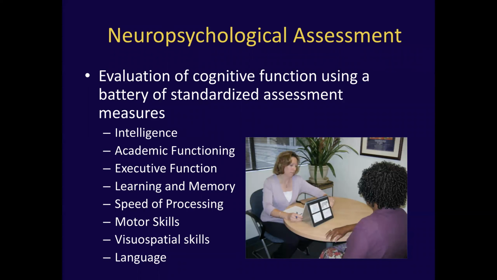These batteries have been shown to be very valid and reliable, so consistent across time and measuring what they're supposed to measure. And they really give a very extensive workup of the individual, but they are very time consuming. And they lack some flexibility to assess specific deficits.